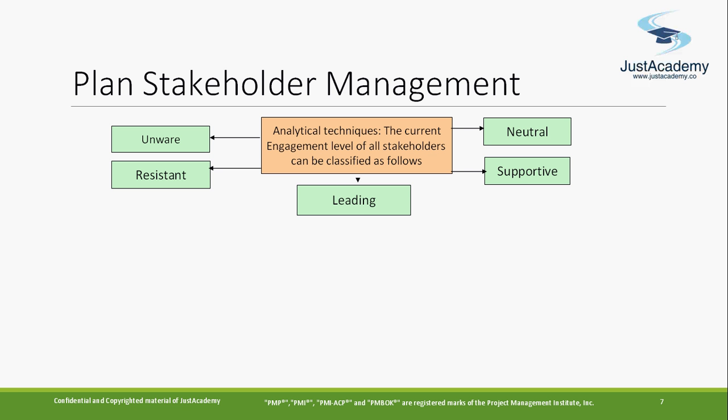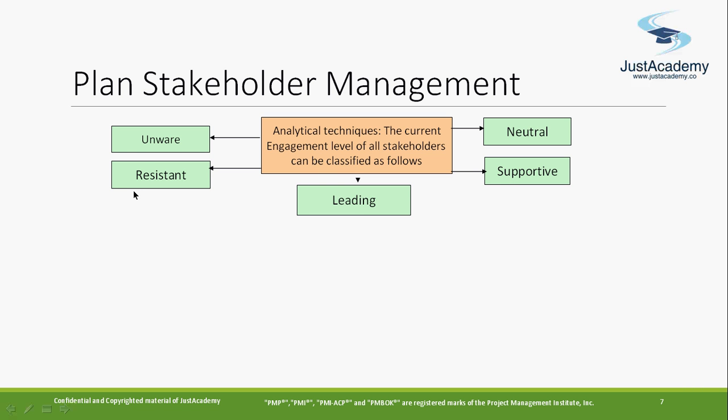A few are neutral. Now you need to understand it. You identify the stakeholders, and then you need to understand their level of engagement, where they fall. Take those stakeholders and see where A and B fall: they are unaware, resistant, leading, supportive or neutral.